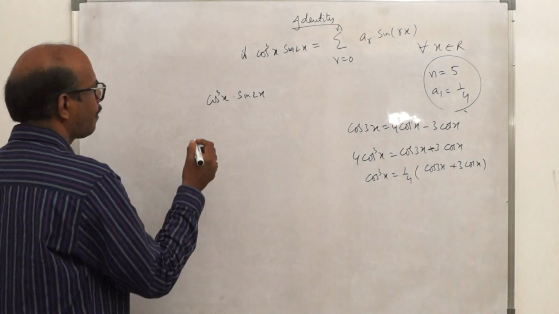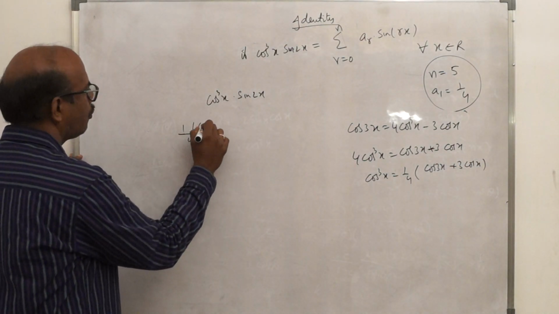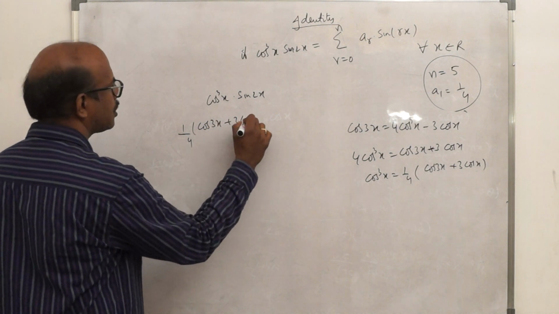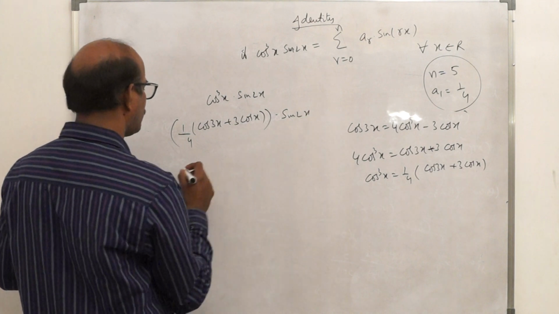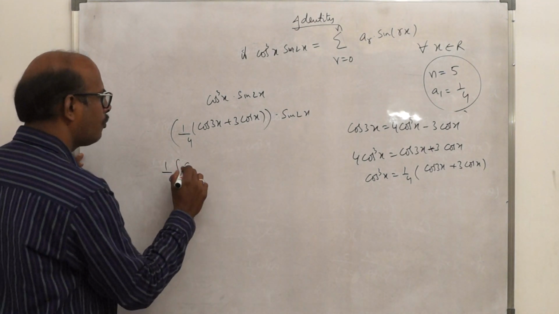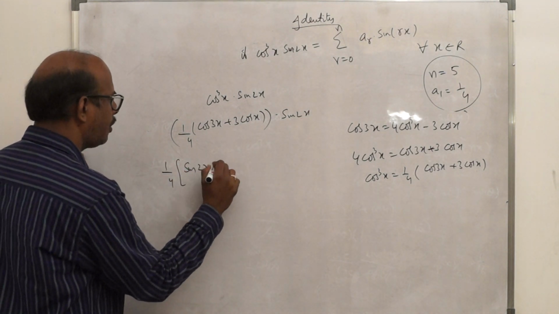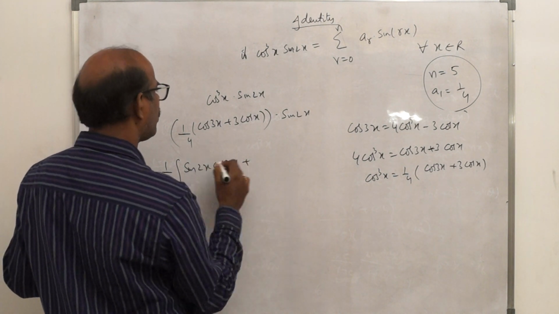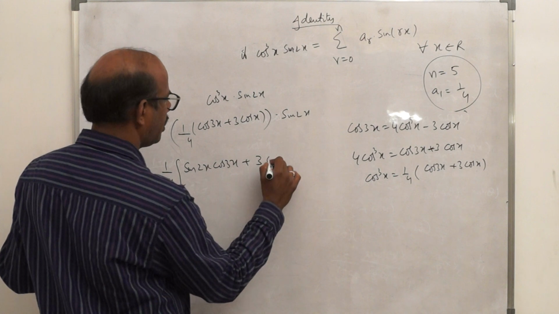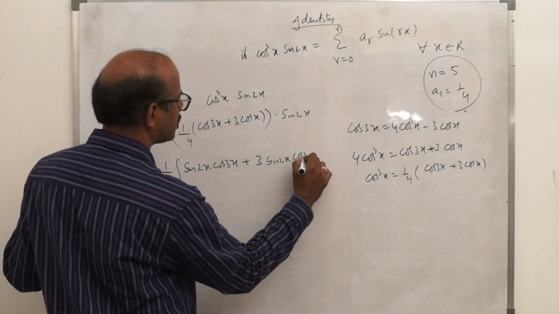My point clear? So it is 1/4 of cos 3x plus 3 cos x multiplied by sin 2x. Now if you simplify, 1/4 sin 2x cos 3x as it is, and 1/4 already common, it will be 3 sin 2x cos x.